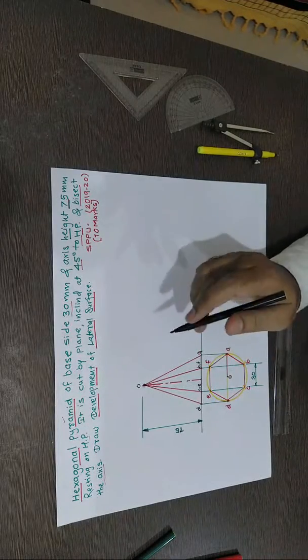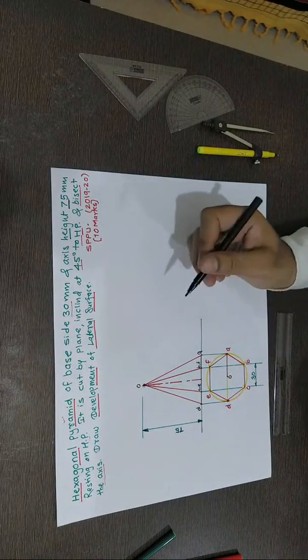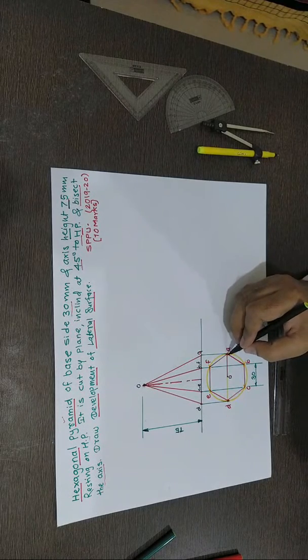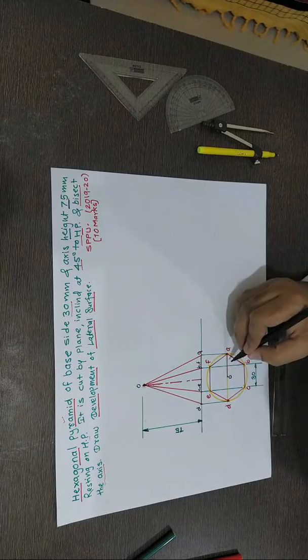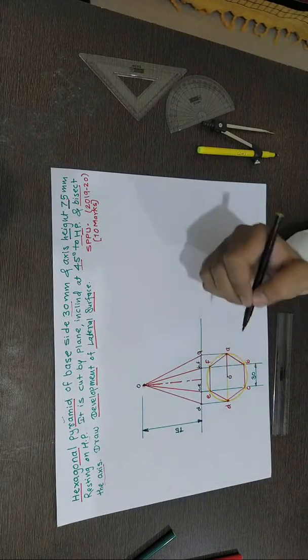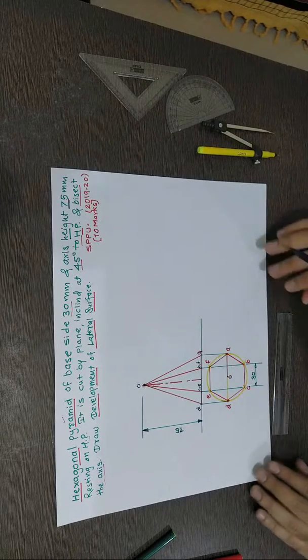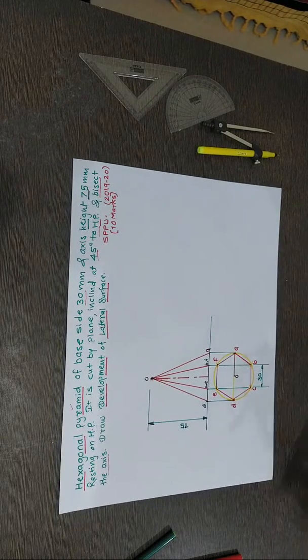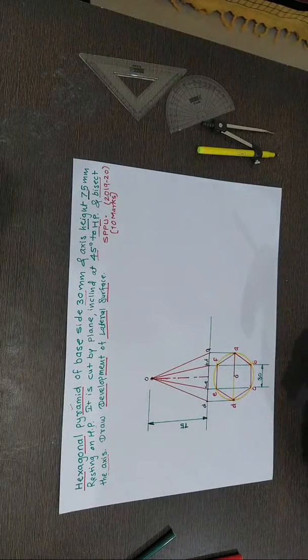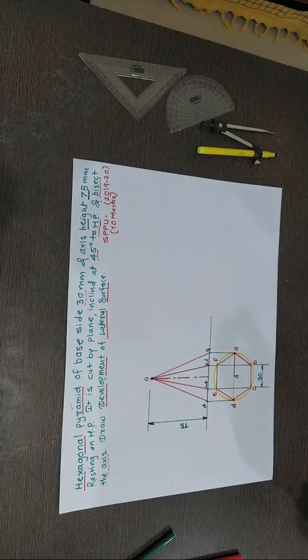Whenever you have a pyramid, remember one slant edge in the top view should be parallel to this. Then only the corresponding edge will show you the true length. You'll understand very clearly when you draw the development of this hexagonal pyramid.